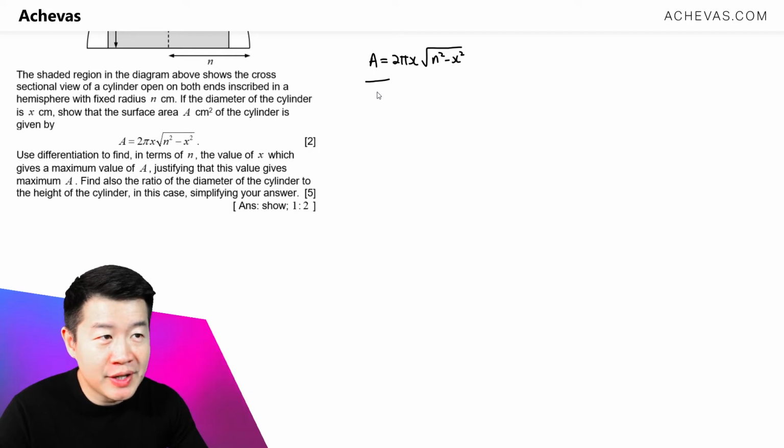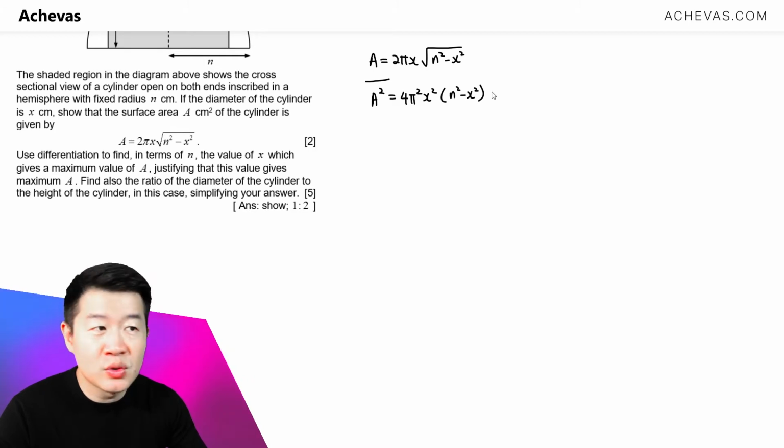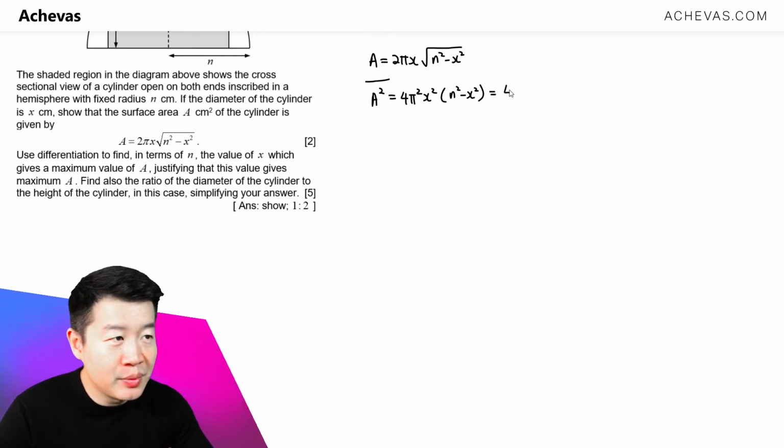If I were to square both sides, we have A squared equal to 4 pi squared x squared times (n squared minus x squared). I'm going to re-express this by multiplying x squared into the bracket. 4 pi squared is a constant, n squared here is a constant, then x squared, then minus x to the power of 4.